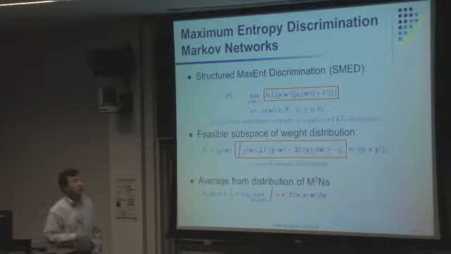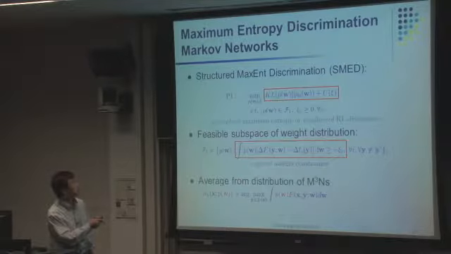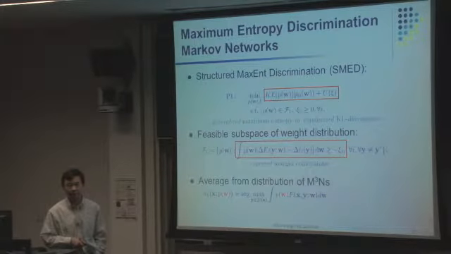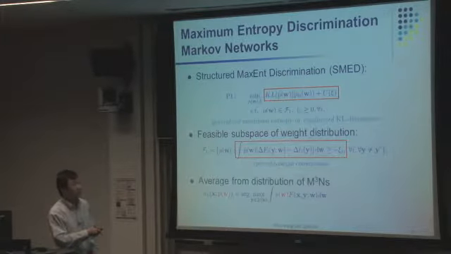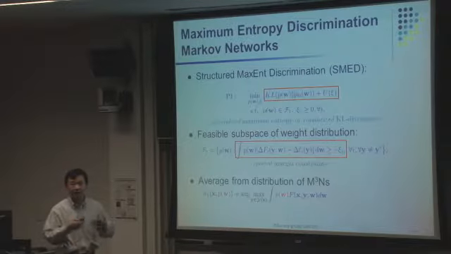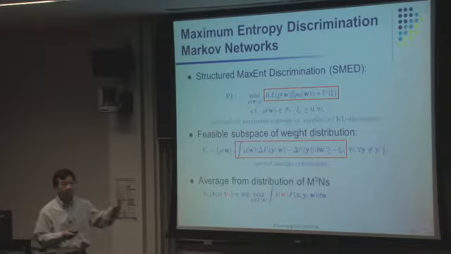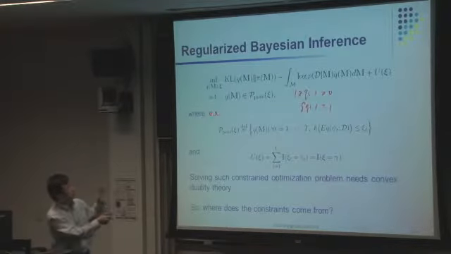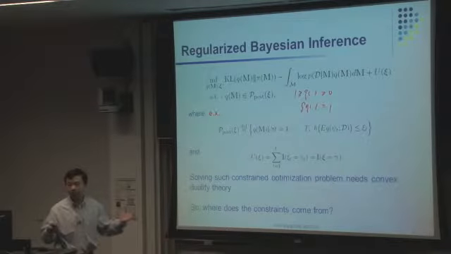Right? So that's basically a very, very simple form of regularized Bayesian inference. And in this case, we say it is used for learning the structured SVM, or the maximum margin Markov network.